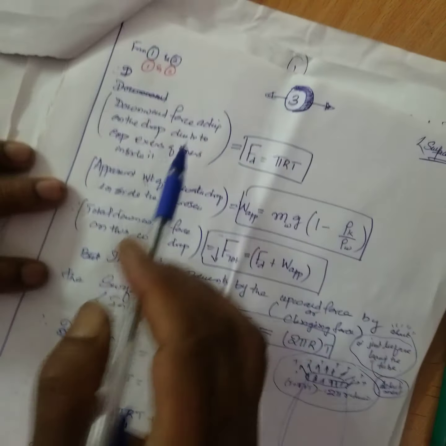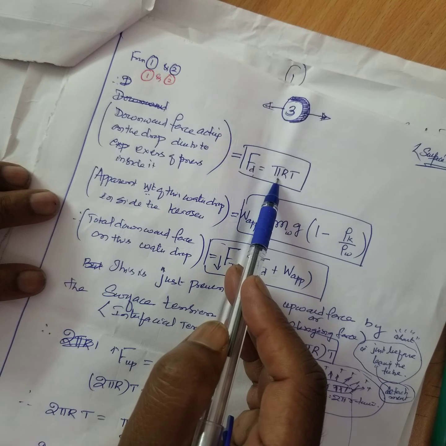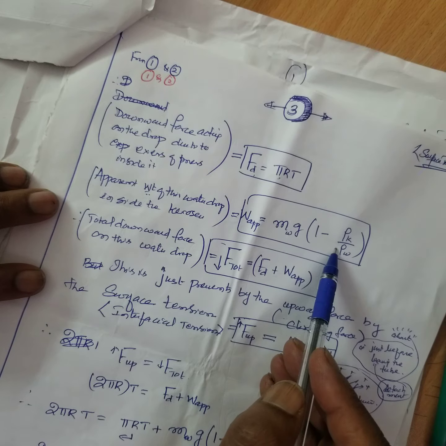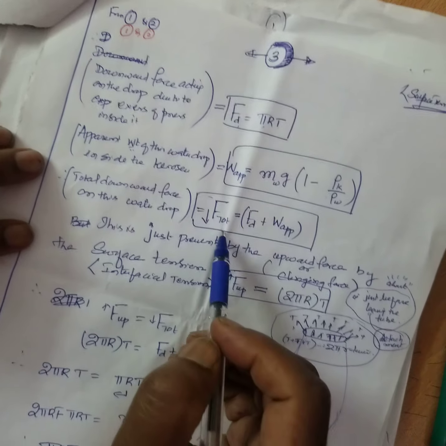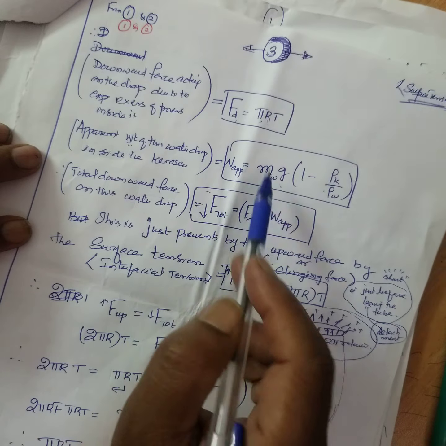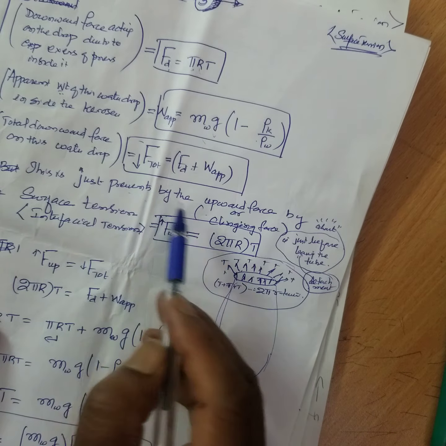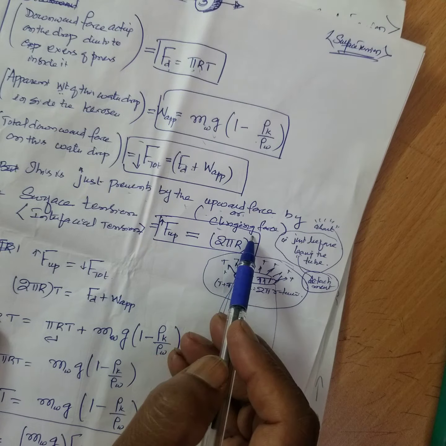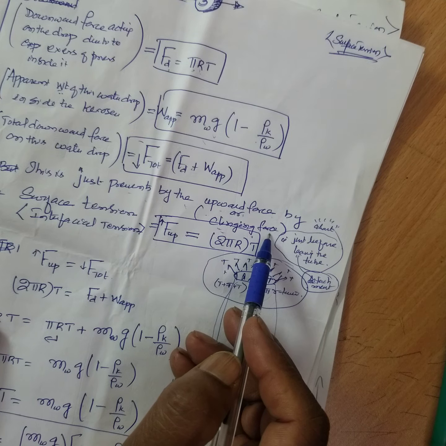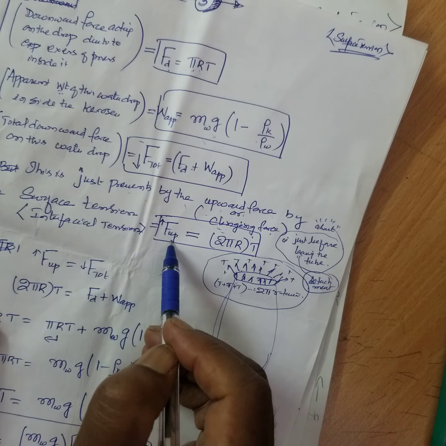Here, downward force is pi R squared T. Apparent weight you have just calculated here. Total downward force is this plus this. But this is just prevented by the upward force or clinging force, they call it. That is called surface tension.